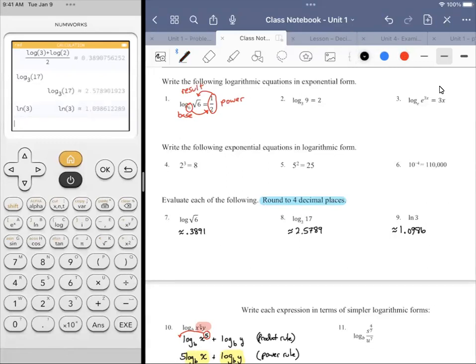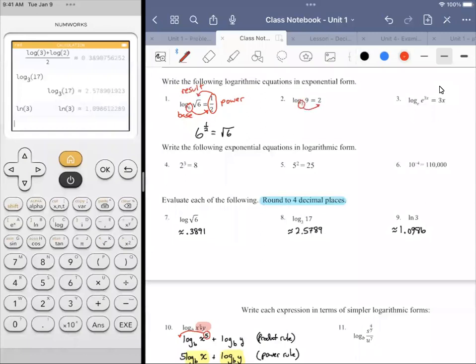All right, so this is going to be 6 to the 1/2 is equal to radical 6. All right, there's nothing to solve here. It's just practice going from one form to the other. All right, so we had it in log form, we go to exponential form. All right, same idea with number 2.